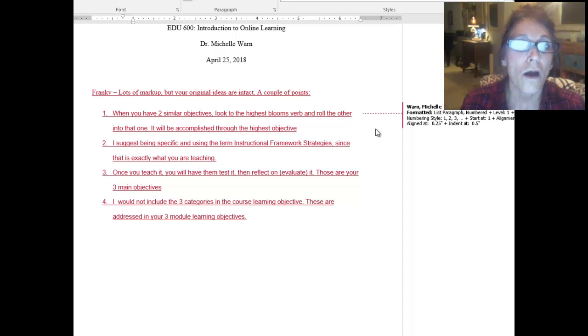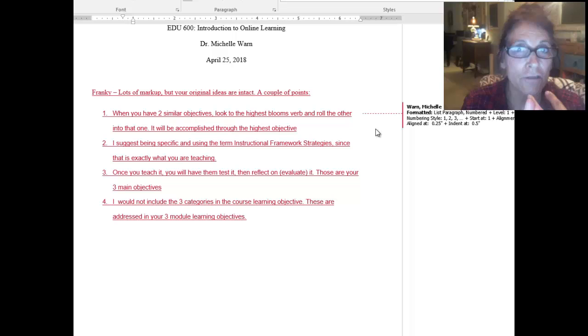So if you don't want the implementation to be part of your design, then you just have the three objectives, which are define, describe, design lessons, so build lessons using those instructional framework strategies, and then along the way maybe they reflect, maybe there are three reflection journals, and then you write those questions around that reflection.